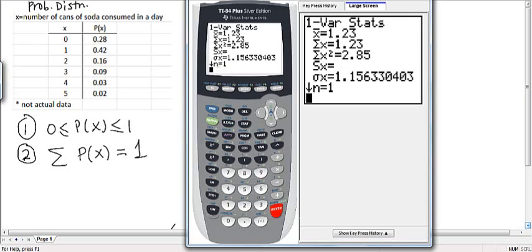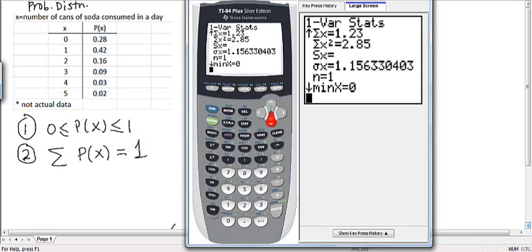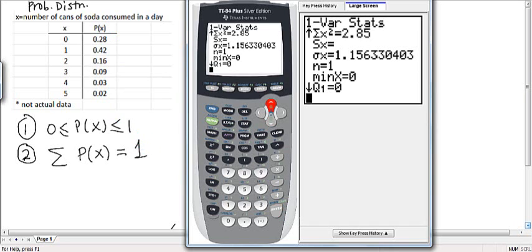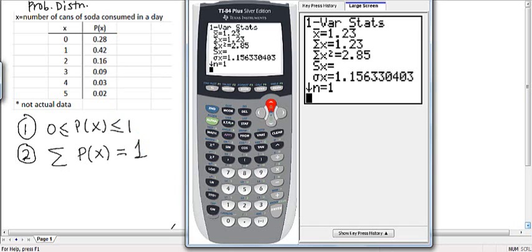And n here equals 1. That's just telling you that all these probabilities sum to 1. And then the 5-number summary is also there. But let's look at the mean. The mean here is 1.23, and the standard deviation is 1.15 or 1.16.